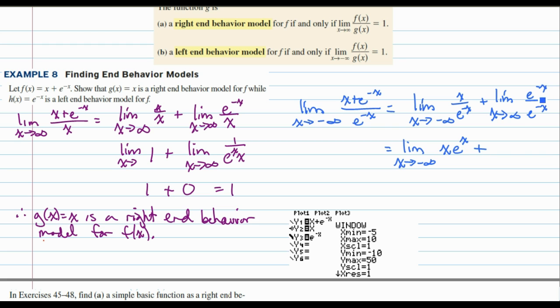Alright, now this one simplifies to be 1, so the limit of it is just 1, no problem. On this one, back to the complicated one, x times e to the x is getting a whole bunch of negative numbers plugged into it, so that will drop down to the denominator.